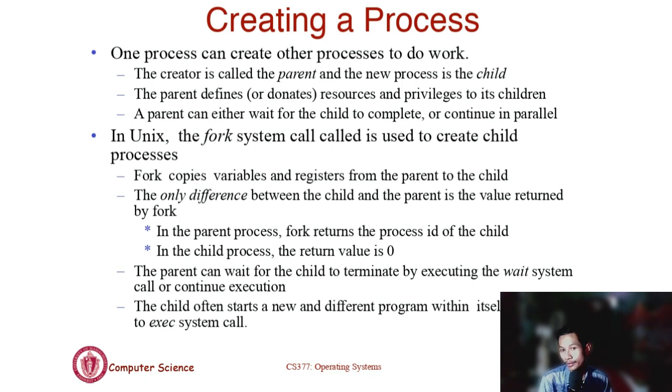And here parents can opt to wait for the child processes to terminate by executing the wait system call, or continue their execution independently. So in here, child processes often commence their own unique task or execute different programs within themselves, typically initiated by the exec system call.